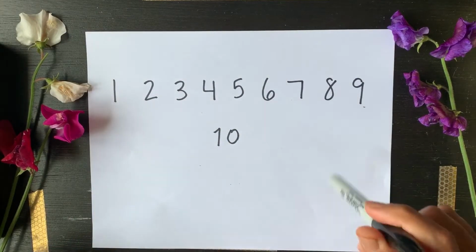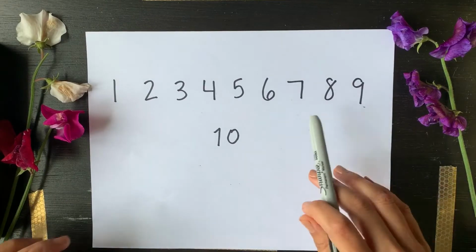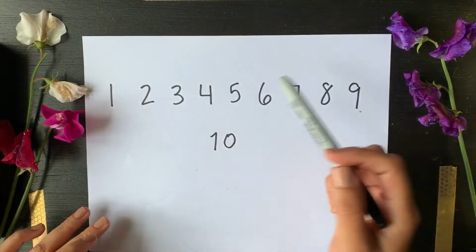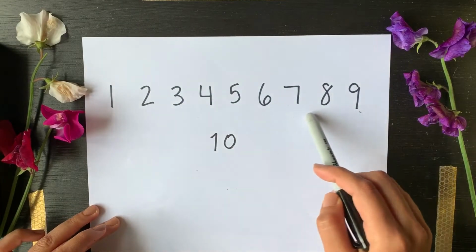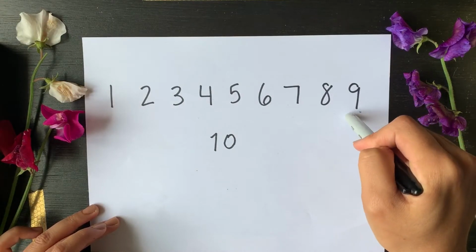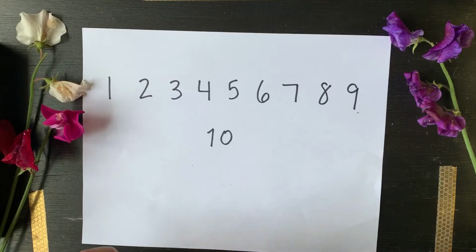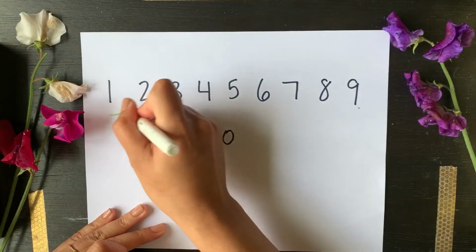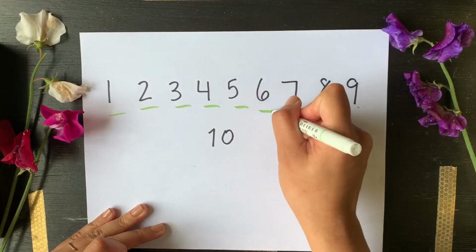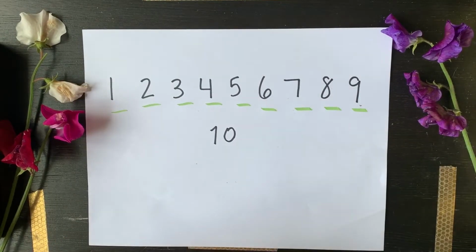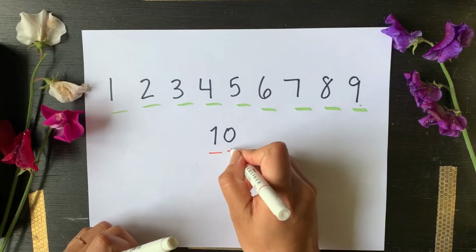A few things I want you to notice about this sequence of numbers. Notice that in order for me to go into numbers that represent larger amounts, I needed to add another digit. These first 9 numbers are 1 digit, and then the number 10 is 2 digits.